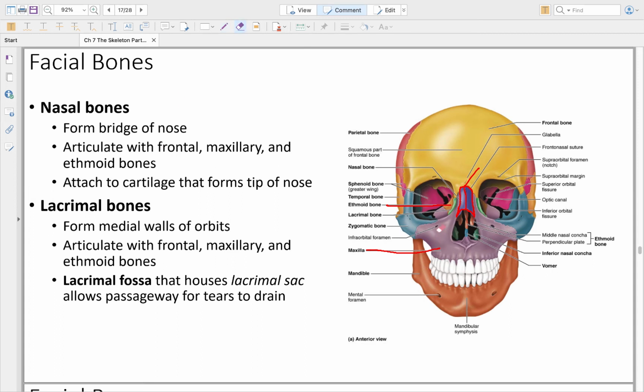Now, the lacrimal bone is in green. See that little sliver there, and one on this side as well. And they form the medial walls of the eye socket, or the orbit.